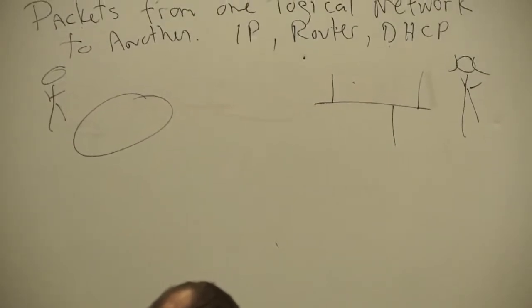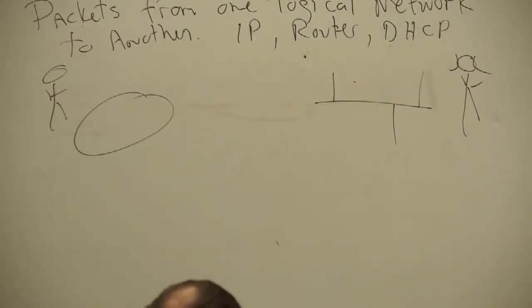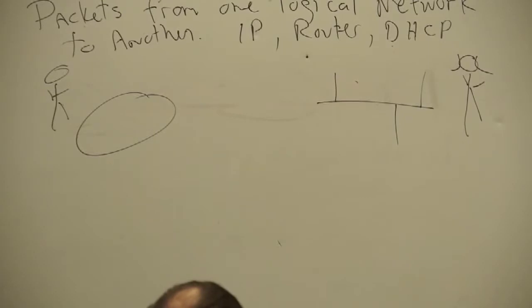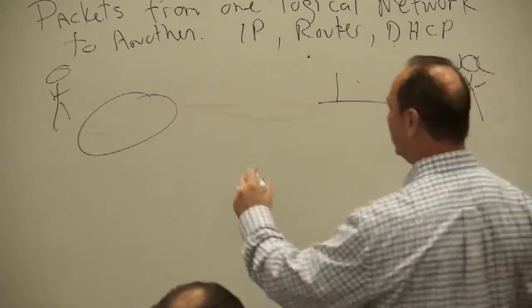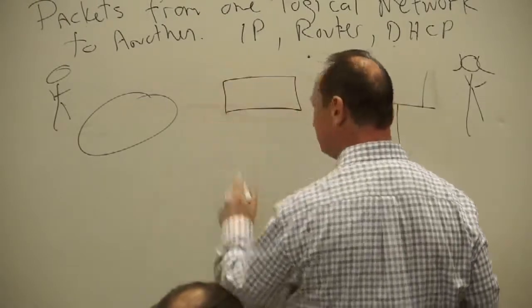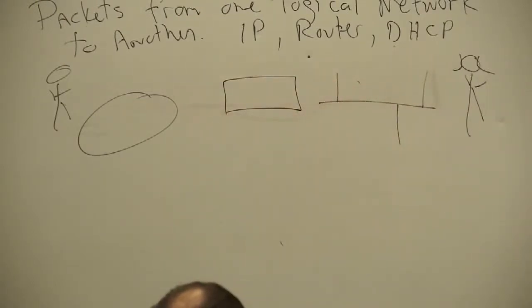Well, people had come out with this new thing called a personal computer. PCs were coming about. And they took one of those personal computers and wrote some really cool software in it.